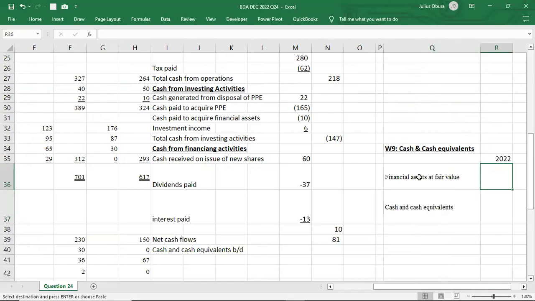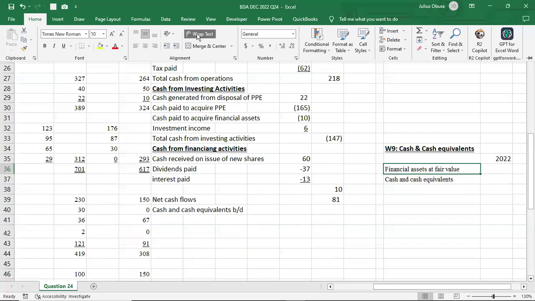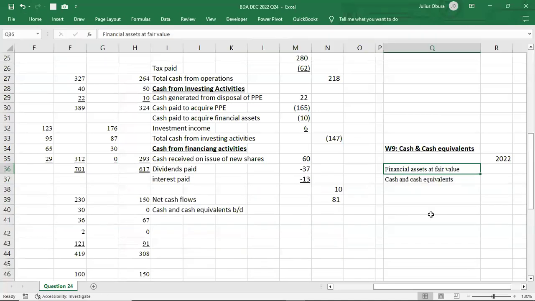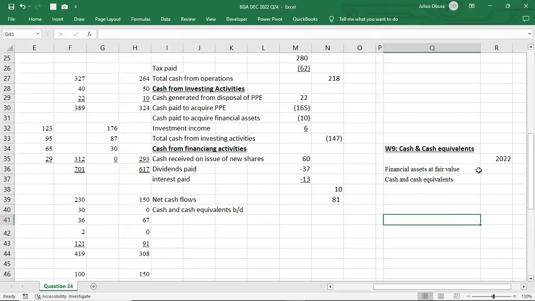So we'll have here for the year 2022, and I have 2022 and 2021.